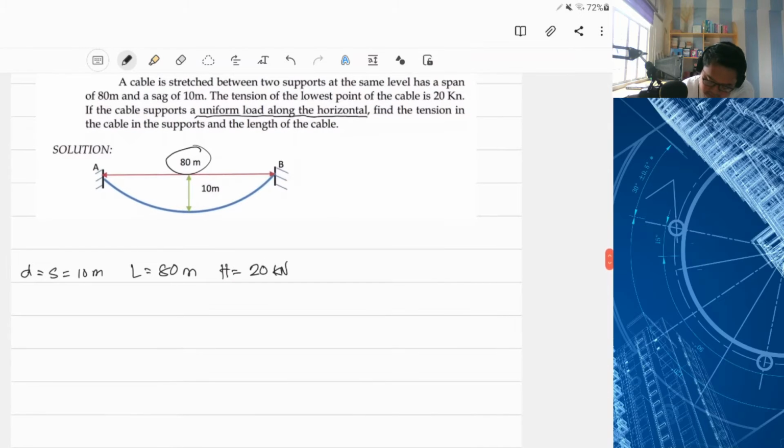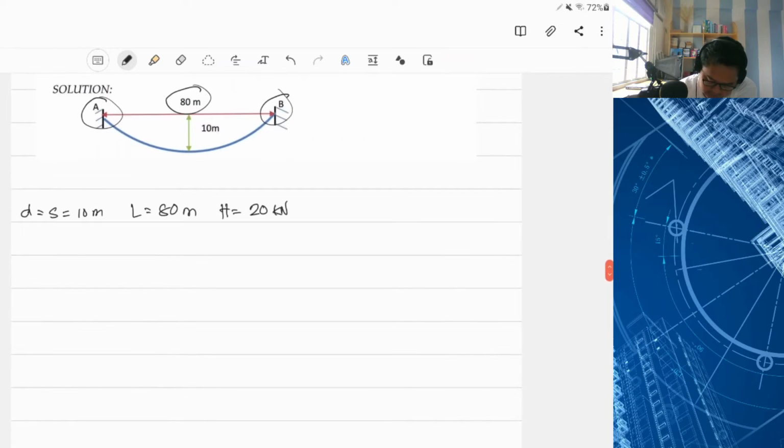Let's solve. The first question is the tension of the cable at the supports. Since this is symmetrical, whatever the tension at A is equals the tension at B. Okay, so let's solve.